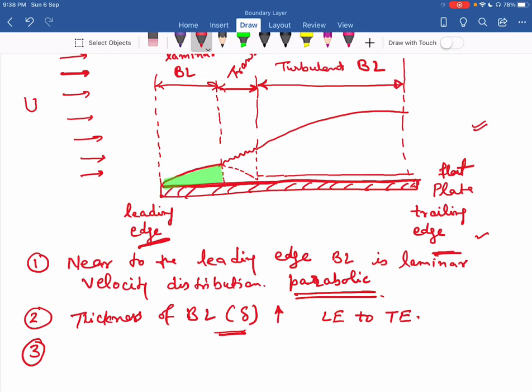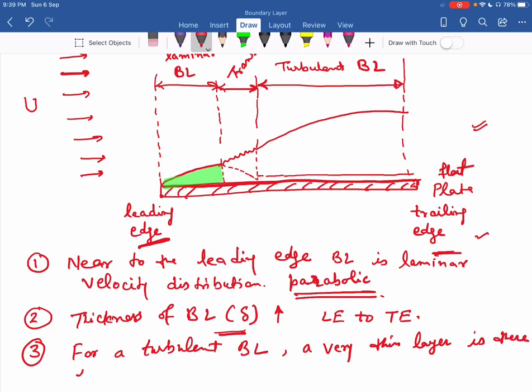For a turbulent boundary layer, a very thin layer is there in which the flow is further laminar.